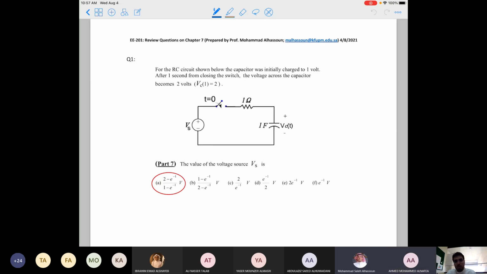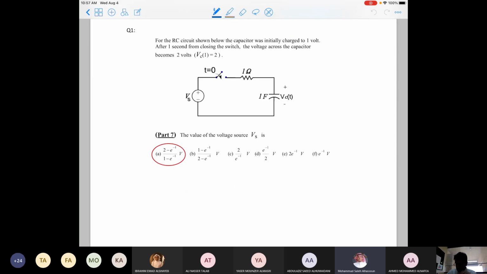Yeah, it could be. No, the natural response should be decaying. Okay, leave this question to office hours. I want to solve this problem.